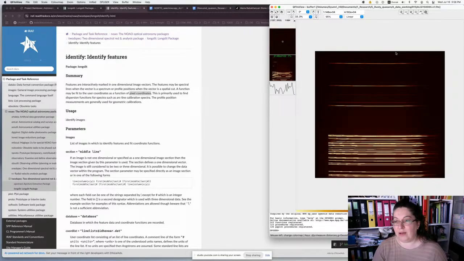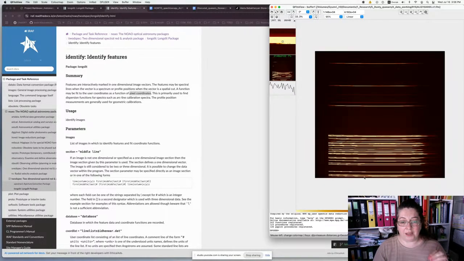After I mark them, the identify task identifies also the rest of the lines. After I give it the initial 3 to 10 lines manually, it then marks all of the other ones by itself based on your markings. And then it creates a fit.